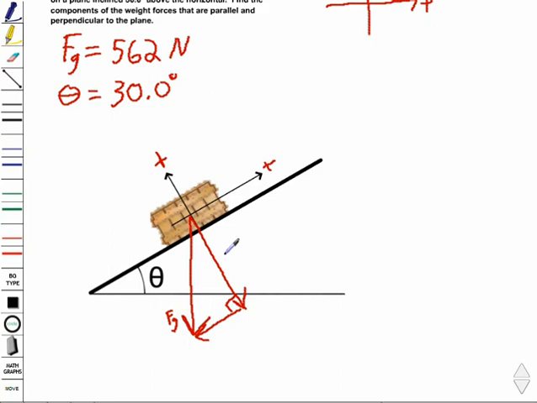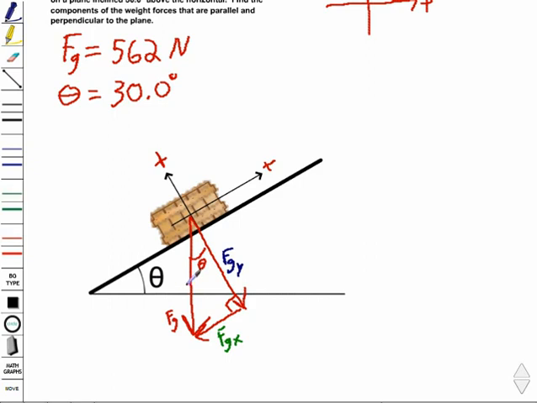So I get a force of my weight, F sub g, and we're going to call this the y direction, and then I have F sub g in the x direction. Now, usually what confuses students is, how do we find this angle in here? I can tell you that angle is the same as this angle over here, and I'll show you how we get that.